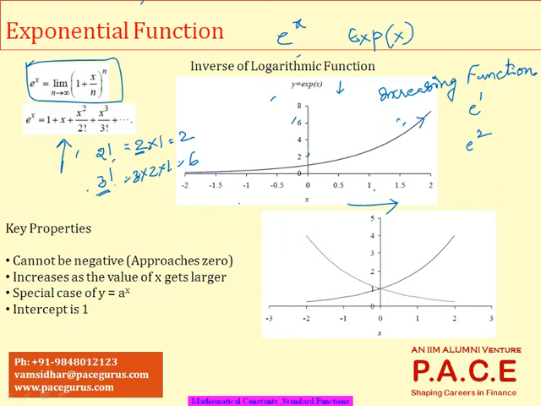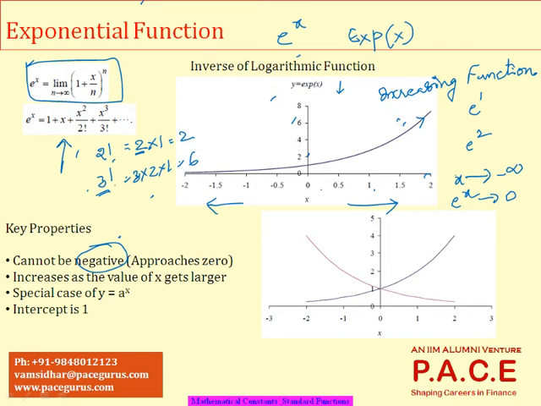As you are seeing, as x is decreasing and decreasing, the value of e to the power of x is just coming closer to 0, but it's not going below 0, which means it can never be negative. e to the power of x can never be negative, it can only approach 0. So the other way of writing this is, as x tends to minus infinity, e to the power of x tends to 0. This is one way you can express the relationship between x and e to the power of x.